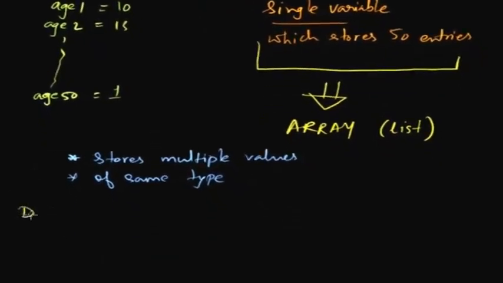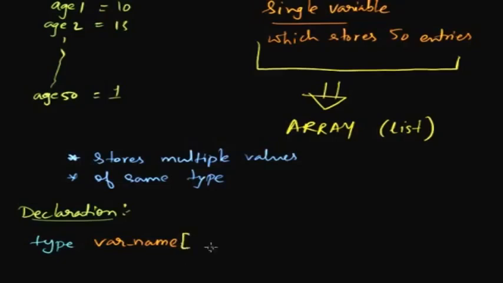Let us see how we declare these arrays in the C language. Declaration. Firstly, it's very similar to how we declare a single variable. First you have the type, then you have the variable name, and in case of arrays you have to suffix the variable name with the size. So within square brackets, as many people know it, within brackets you have the size.